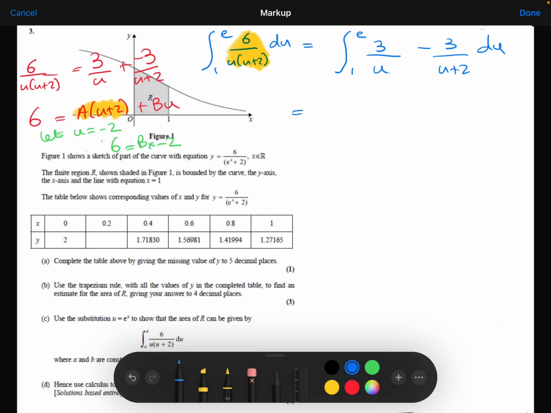Right, 3 over u integrates to be 3 ln u, and the 3 over u plus 2 will integrate to be 3 ln u plus 2.